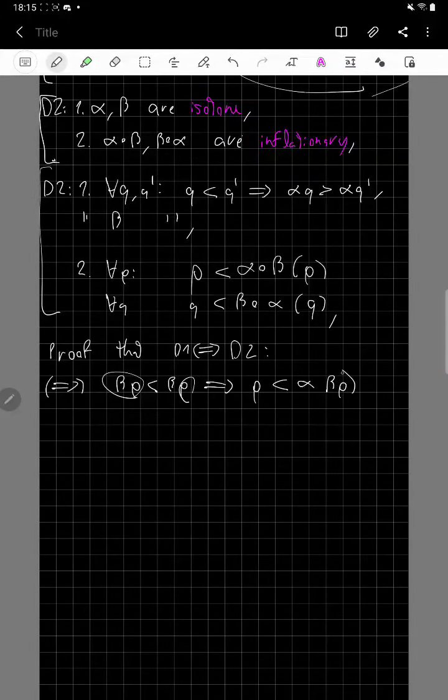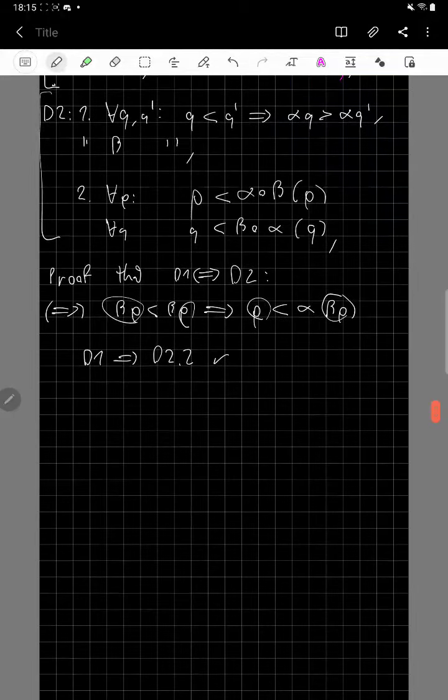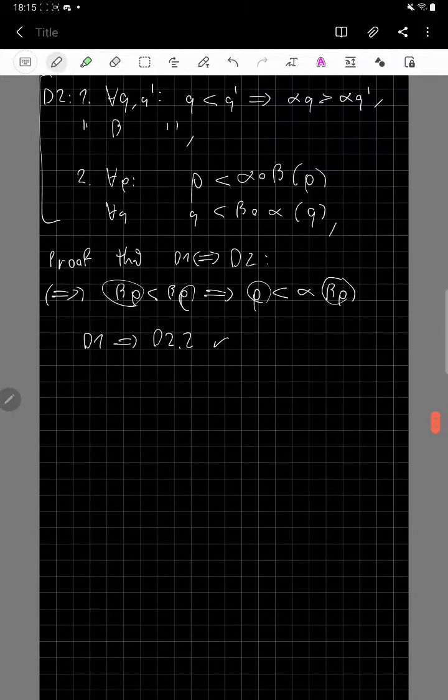Yes, the arguments switch place, and beta became an alpha. It's all correct. So here we proved that definition 1 implies the second property of definition 2. Then let's prove that it implies the first property.